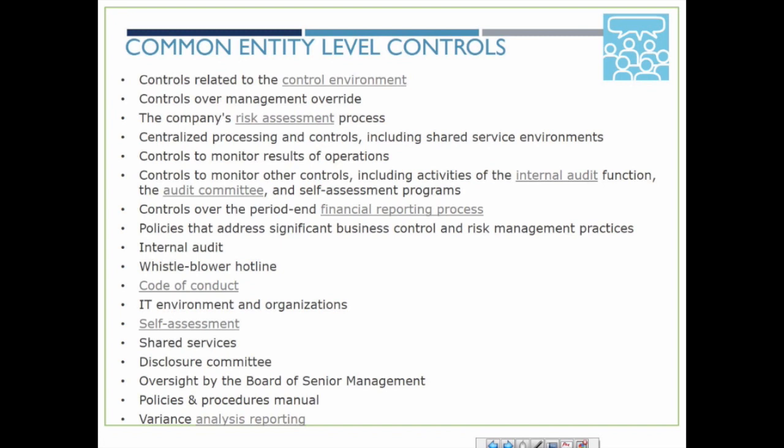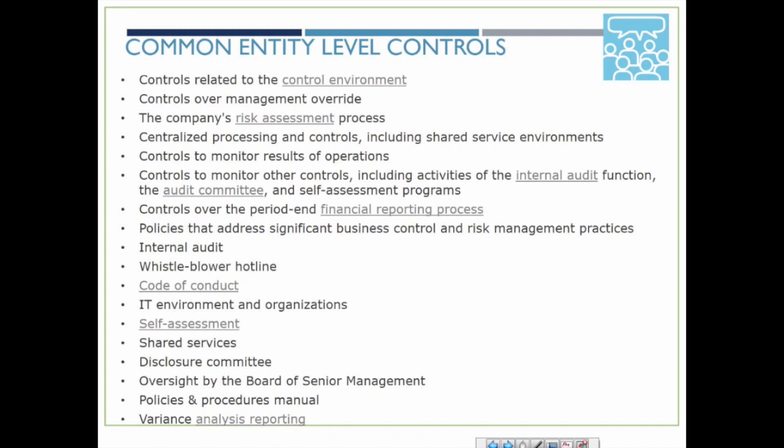Controls over the period-end financial reporting process, and policies that address significant business control and risk management practices, will again be more indirect entity level controls. The code of conduct and the whistleblower hotline are all examples of indirect entity level controls.